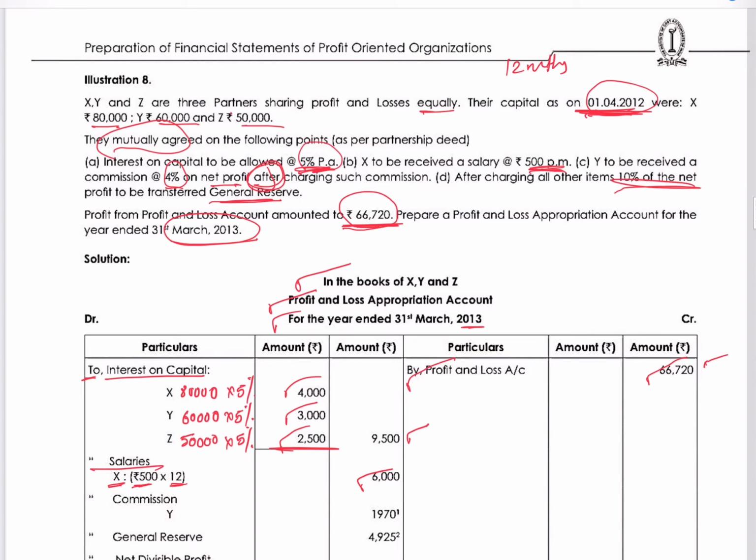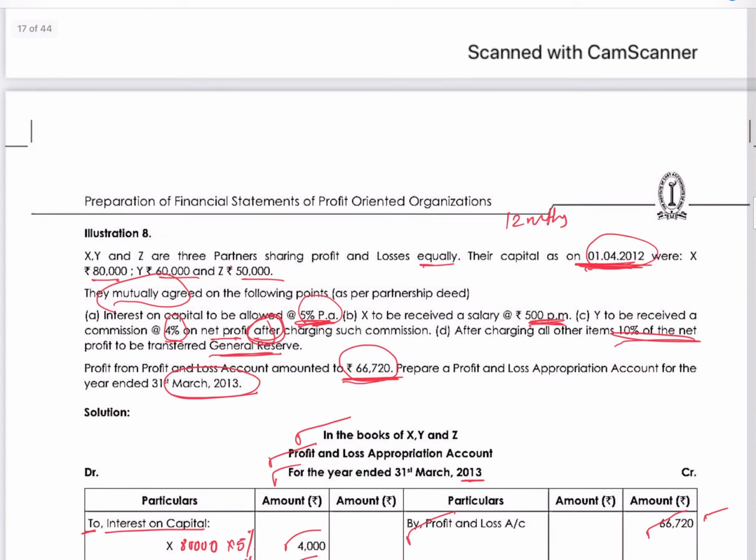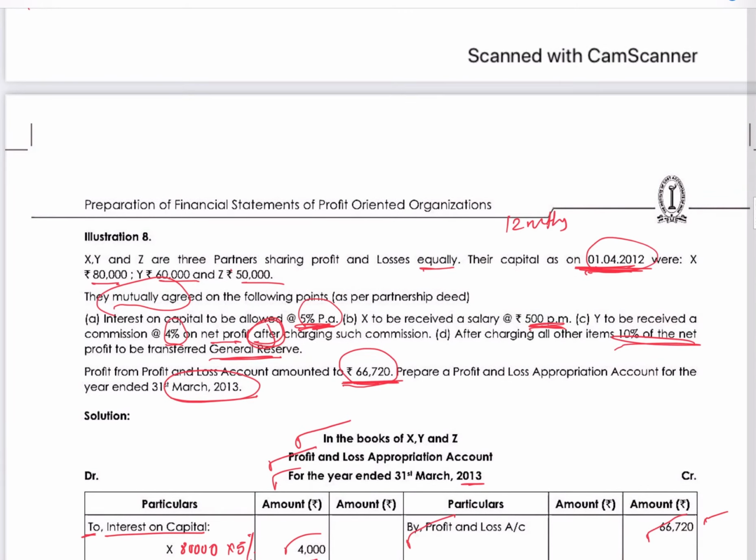Next, Y is to receive a commission of 4% on net profit after charging such commission. So what they mean to say is that on the net profit after charging such commission, we have to apply 4%. So can I say net profit after commission is 100?